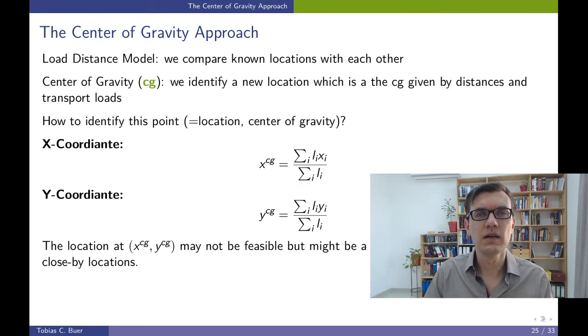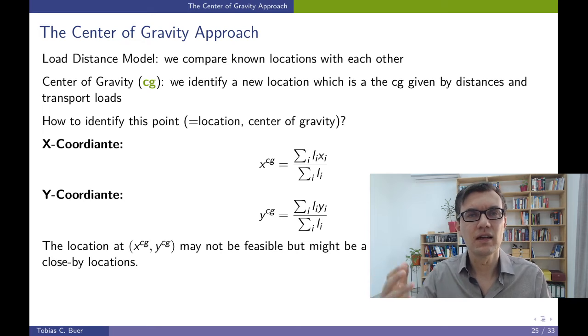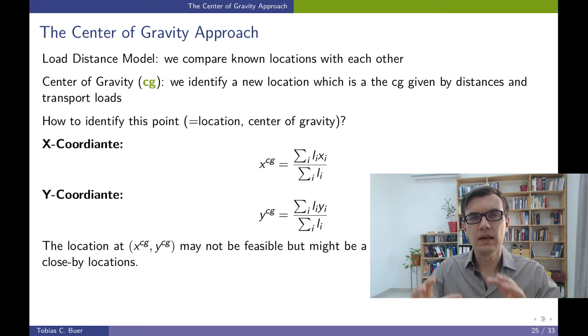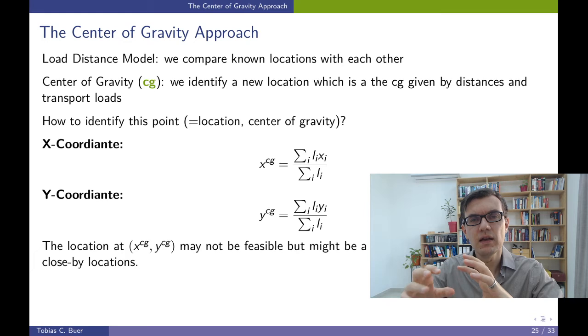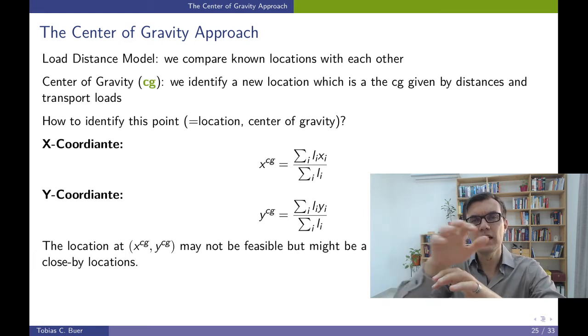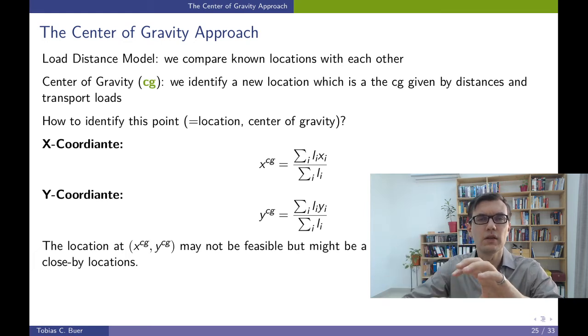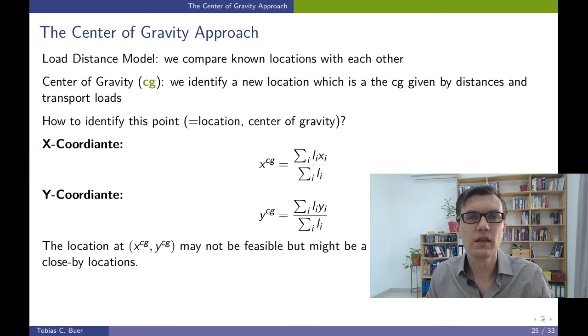It might be inside a residential area or whatever that is not suitable to open a facility. But at least we have identified an area which seems very reasonable, and maybe we find a suitable location around this area.